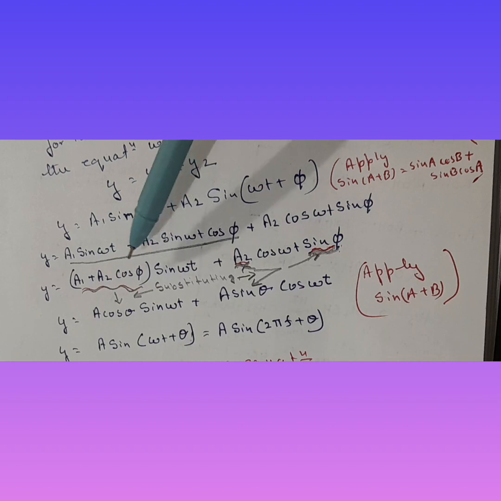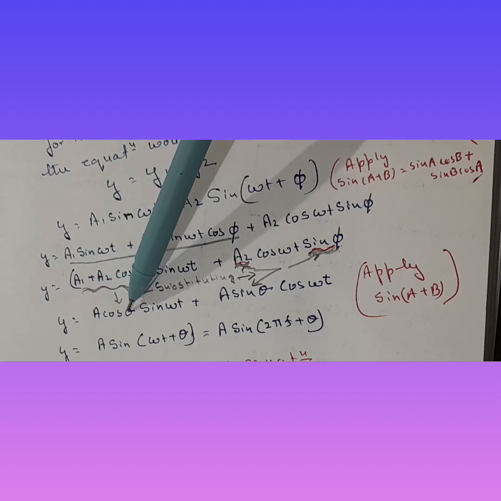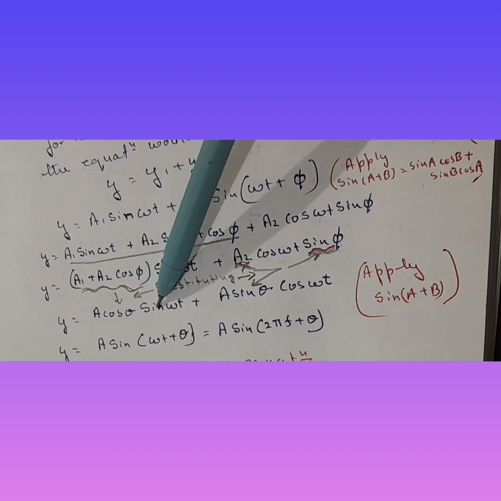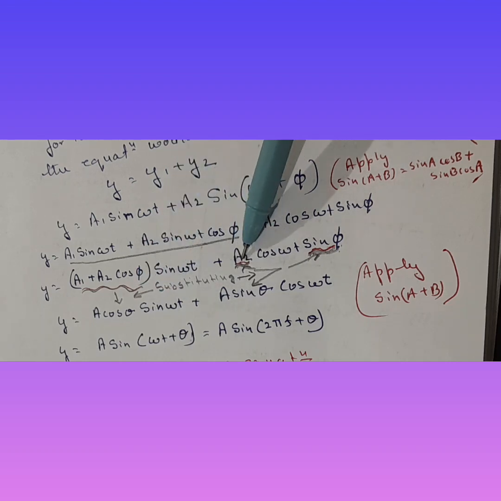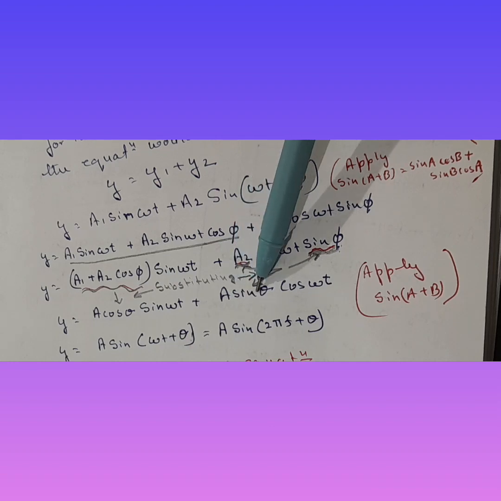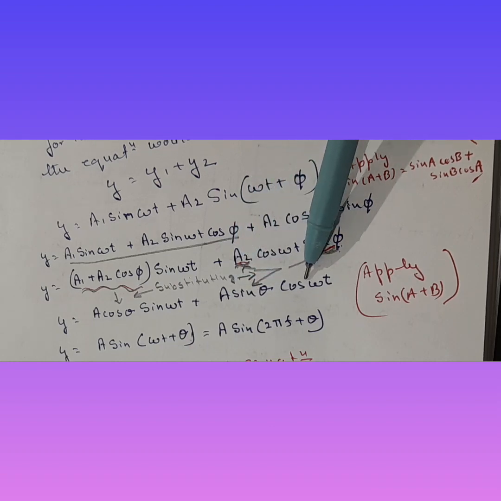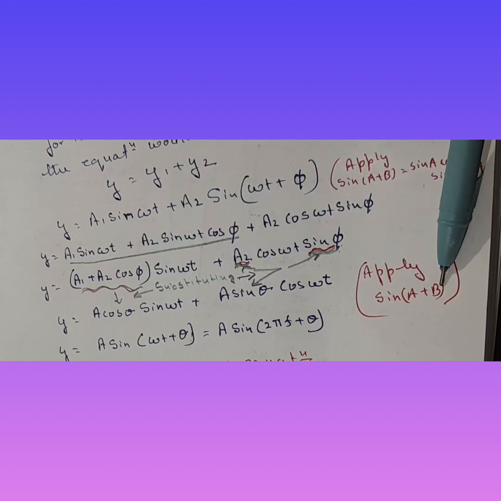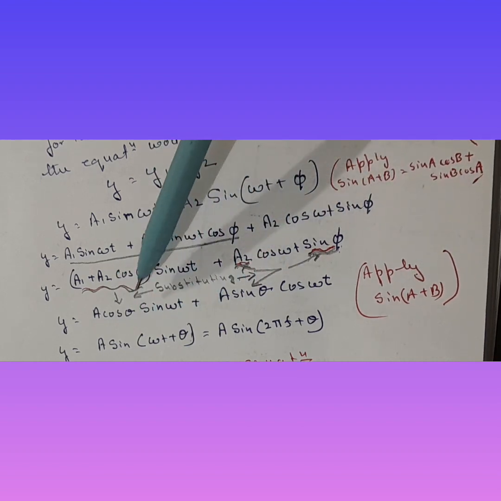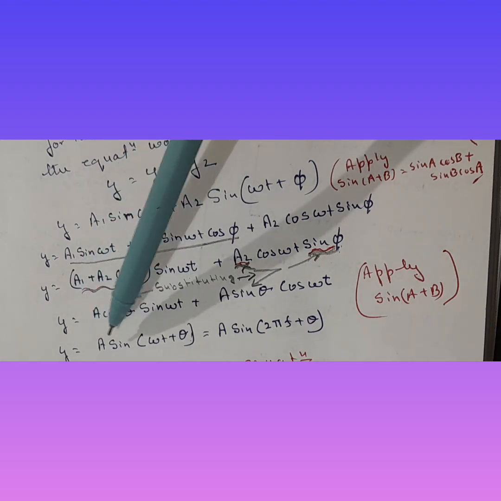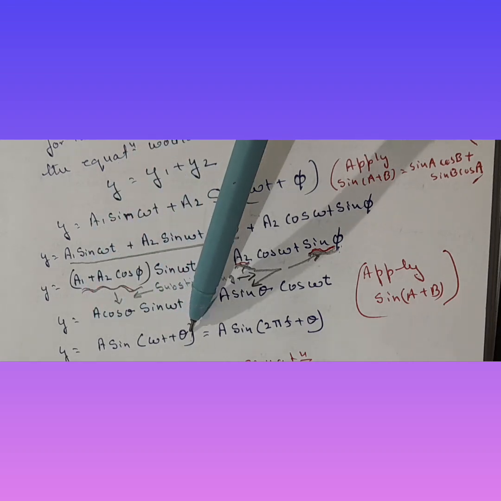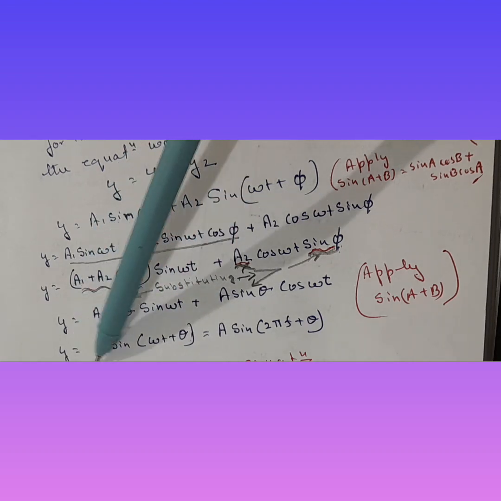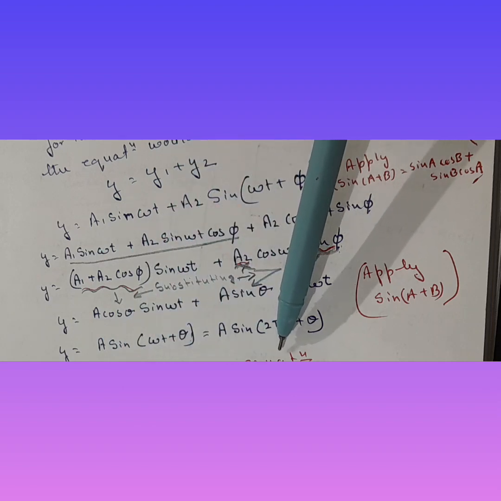So what is left is A cos θ here, with sin ωt, and here A sin θ, with cos ωt left as it is. This again refers to the formula sin(A + B), so we condense it to A sin(ωt + θ). Now this is the resultant wave equation.